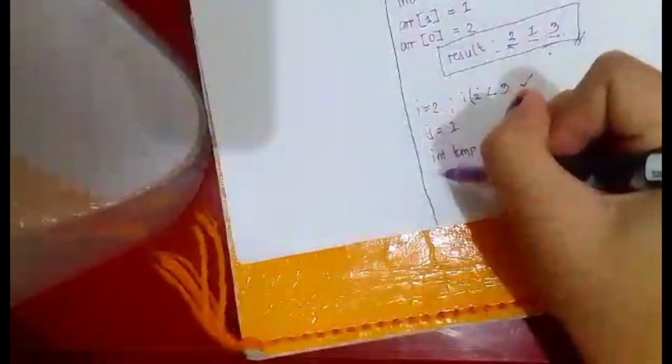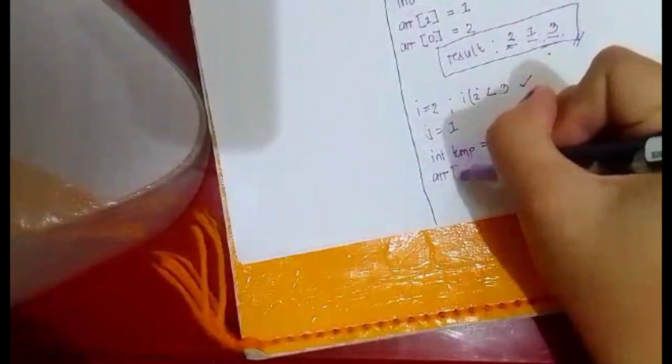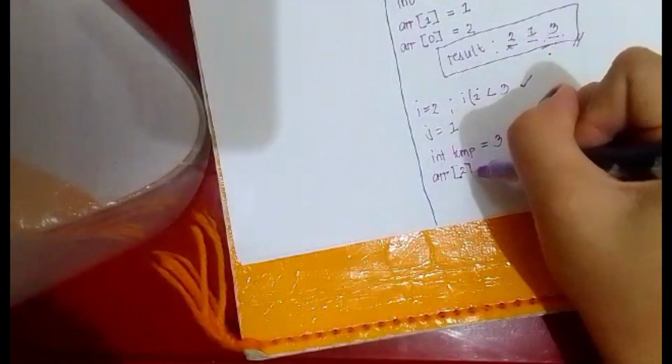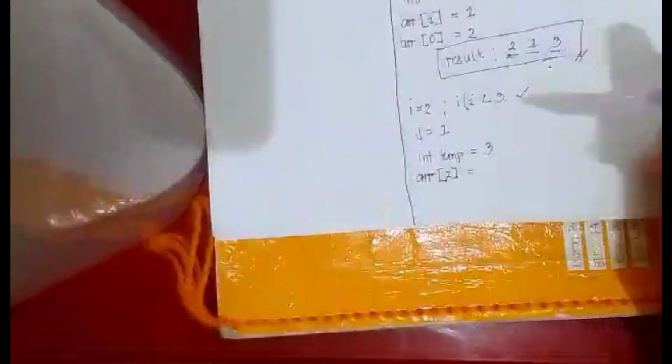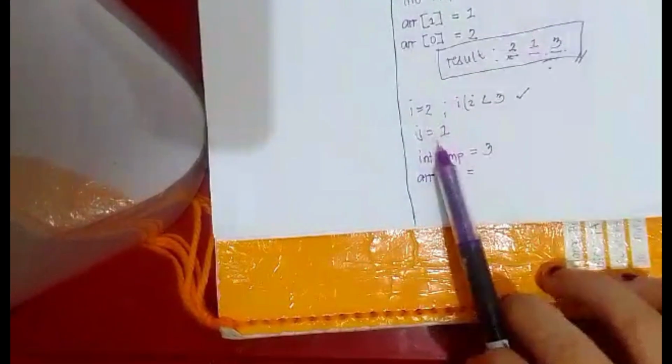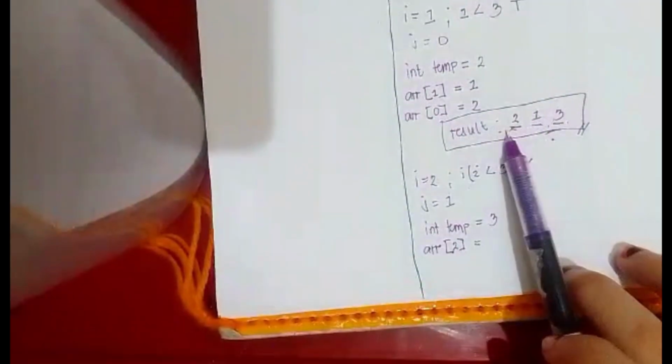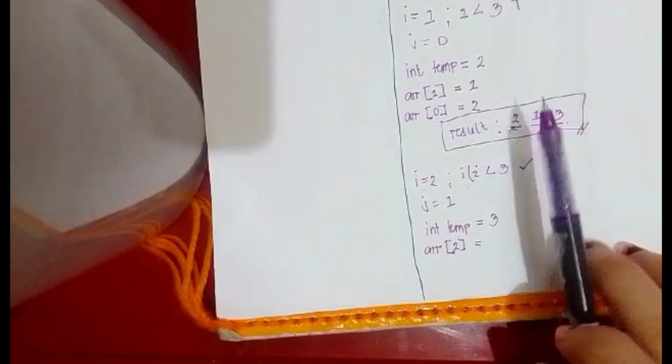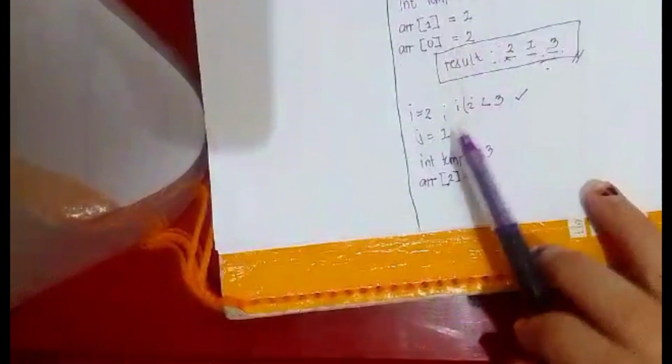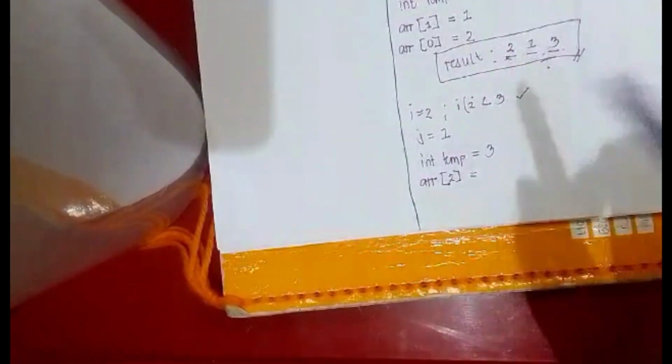So, array I, which is 2, is equals to atong J is 1. So, 0, 1. So, atong value sa index 1 sa J is 1.